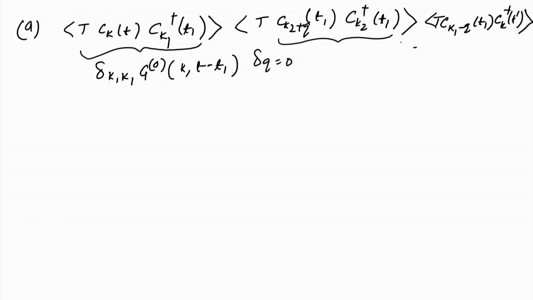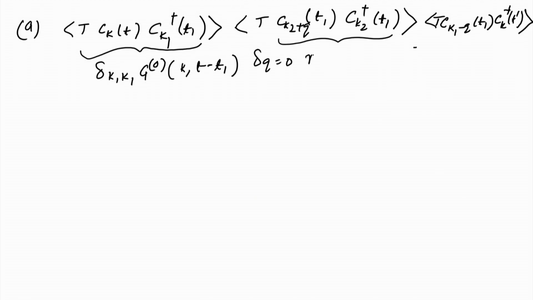So, it is not a propagator or a Green's function that propagates the system from some time t to some time t prime. It just loops back to the same time. So, we will write it with an n of xi k, where xi k could be epsilon k minus mu, where epsilon k is the single particle energies.